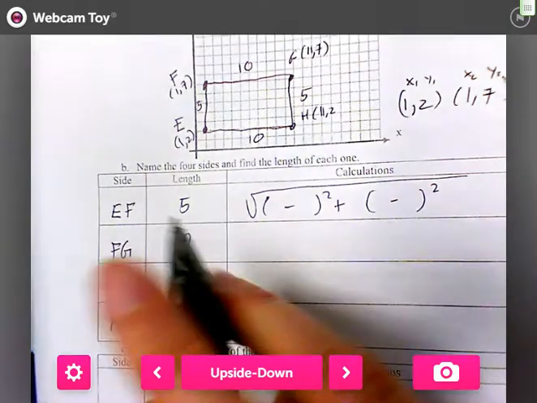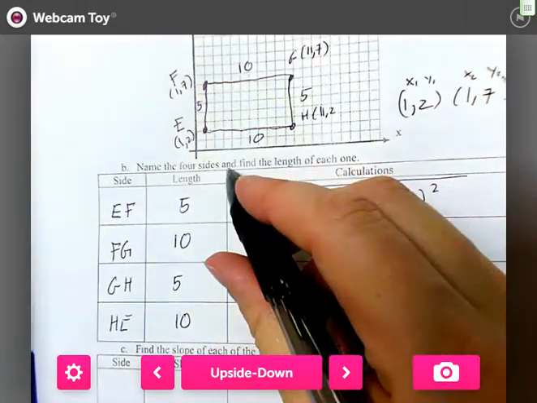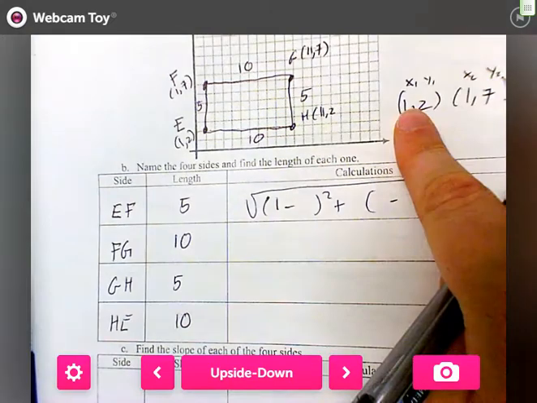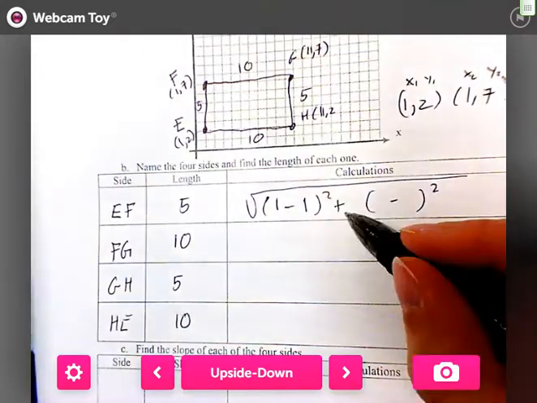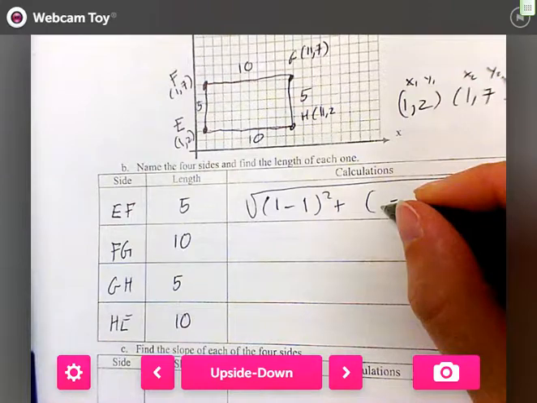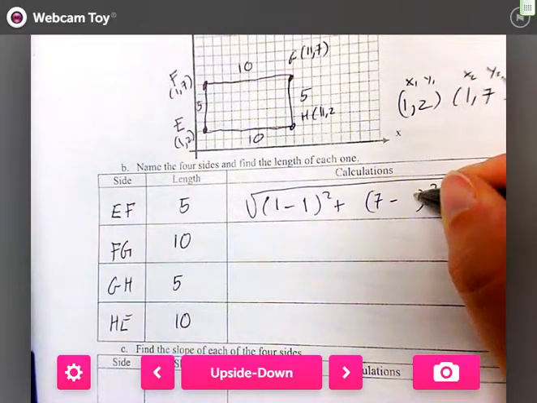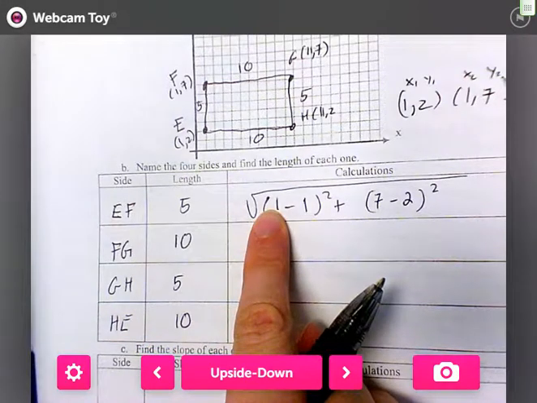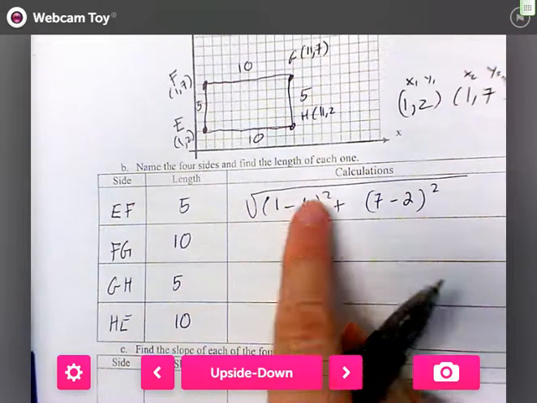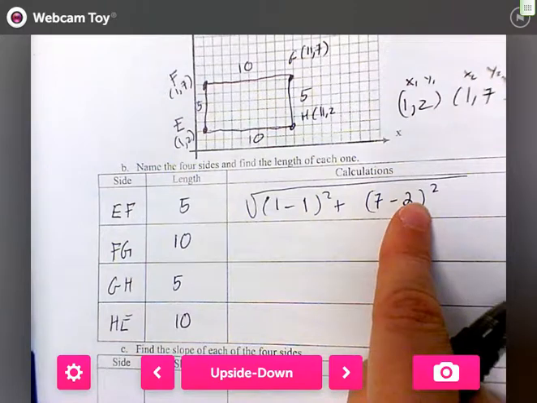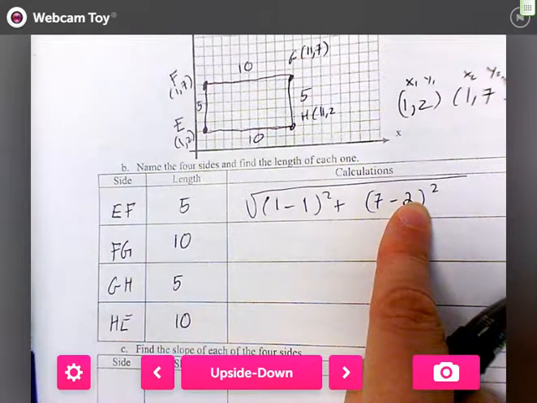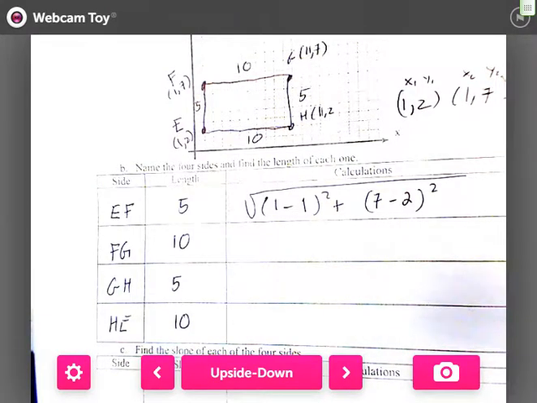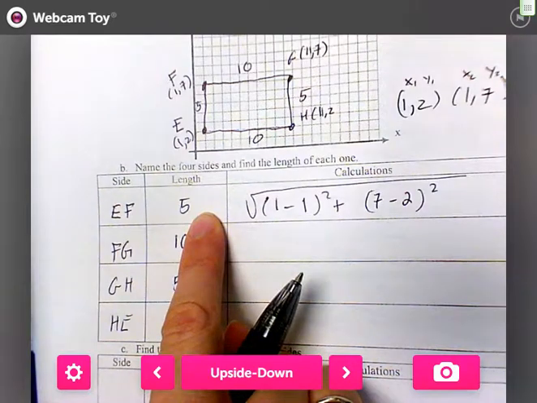So I'm going to say x2, which is 1, minus x1, which is 1, squared plus y2, which is 7, minus y1. Could I have put my y's before my x's? Could I have said y2 minus y1 squared plus x2 minus x1 squared? Is 2 plus 3 the same as 3 plus 2? Yeah. So it's the same thing. It doesn't matter because it's addition. All right? And I'm still going to get 5 when I plug this into my calculator.